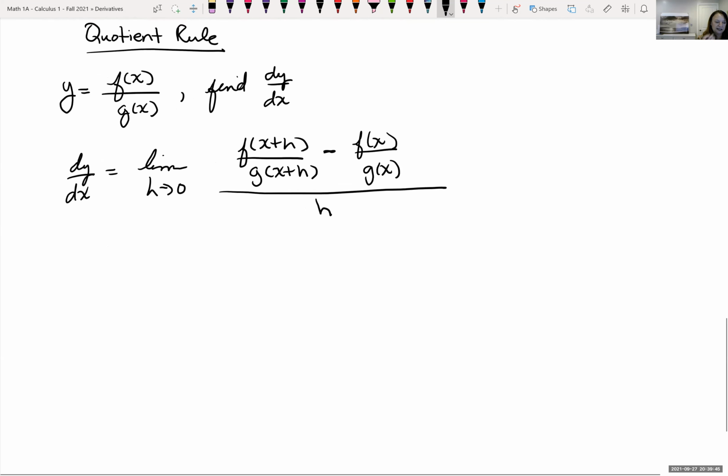So we want to kind of clean this up and manipulate it so we can see what the derivative is. Let's first get rid of our fraction. And so we can get rid of the fractions within the fraction by looking at our least common denominator and multiplying by a fancy one. And so the least common denominator of the fractions within is g of x all times g of x plus h.